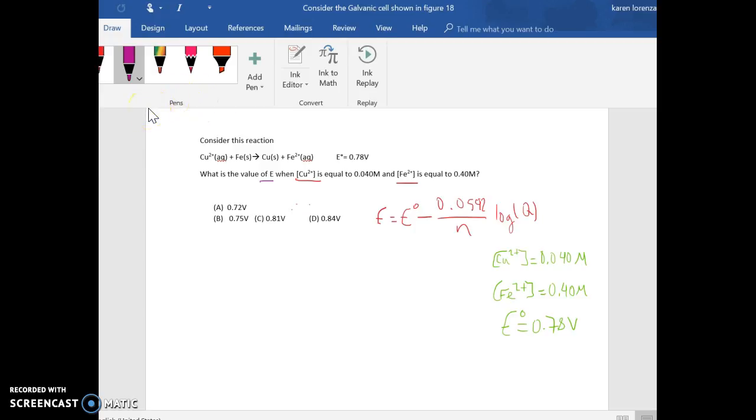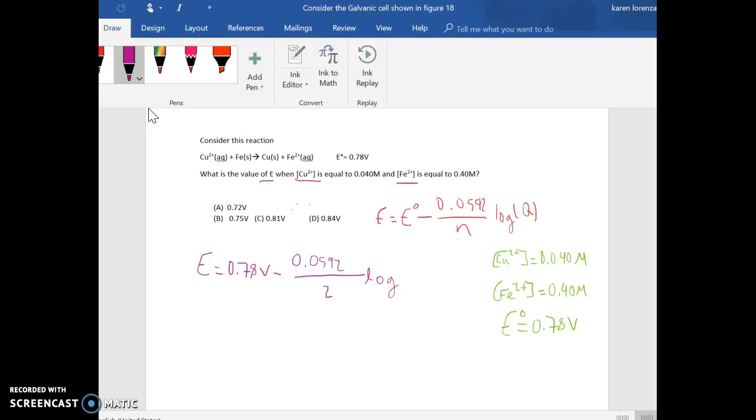All we have to do is take our standard EMF, which they give us to be 0.78 volts, minus the 0.0592 constant over the moles of electrons being transferred, which here is 2, times the log of Q. Q is basically equal to K, our equilibrium constant, just when it's non-standard.